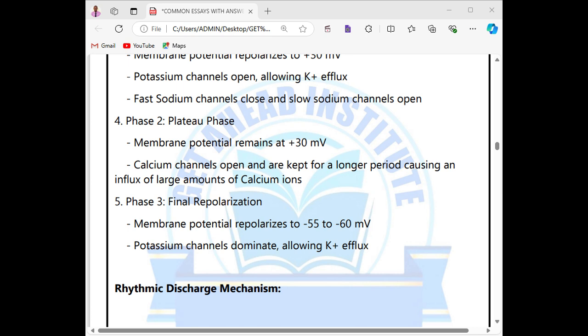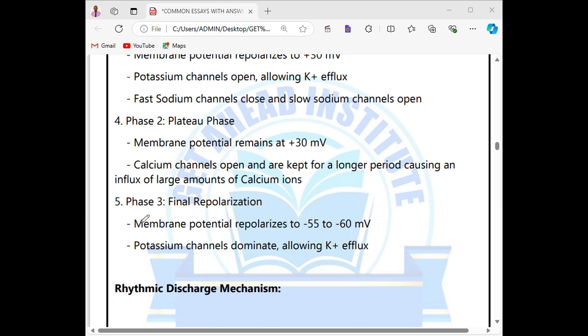But there will be the opening of the calcium channels. When those calcium channels have been opened, they will be kept open for a long period of time, and there will be the influx of calcium ions. That is basically phase two.